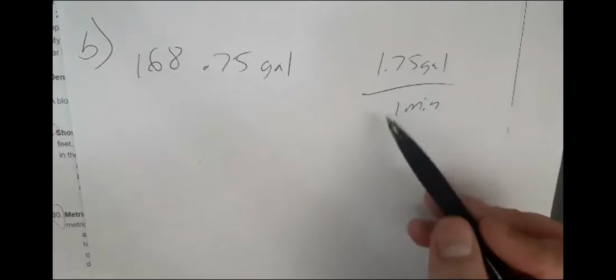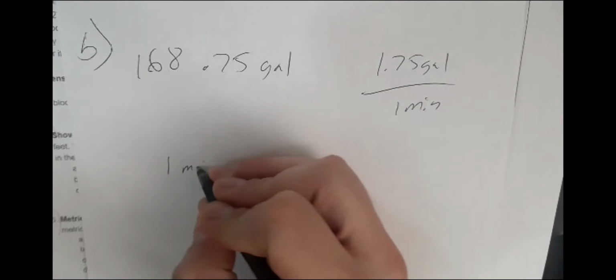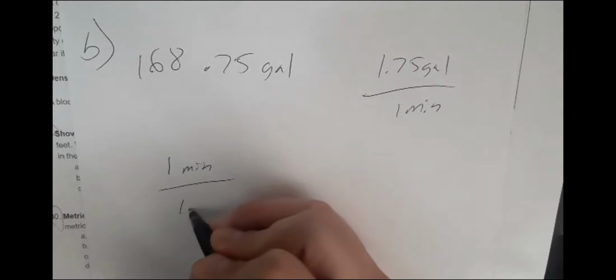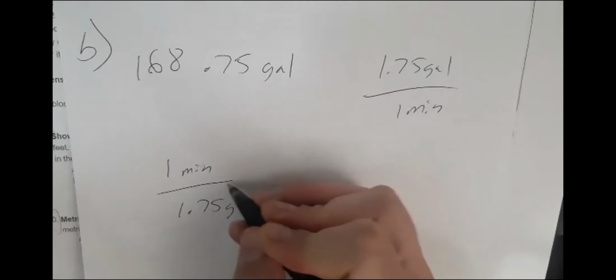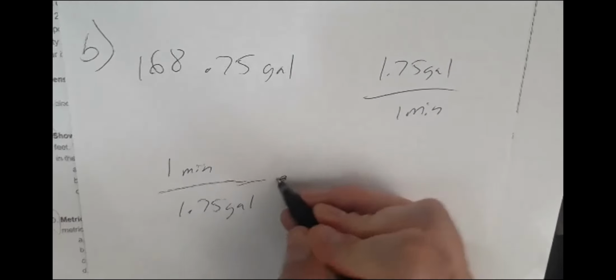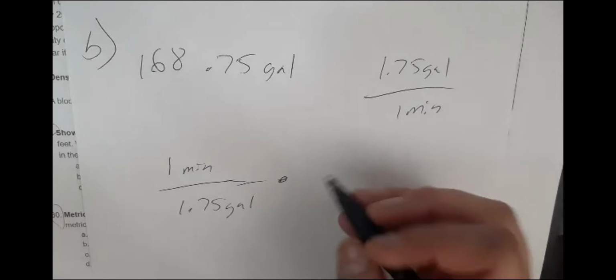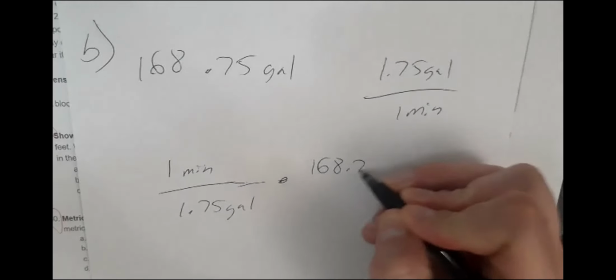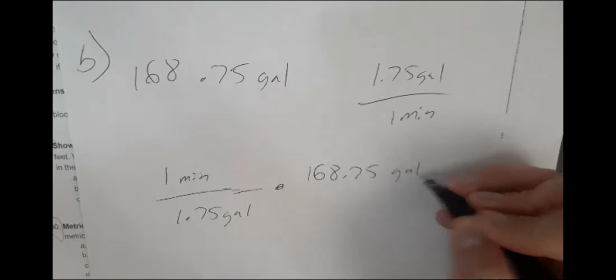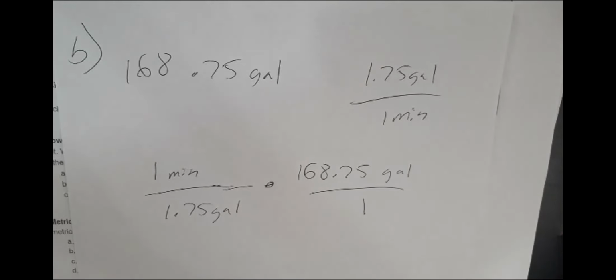So this is not set up at all in the correct order. If I want to end up with something in minutes, I should probably put 1 minute on top, over 1.75 gallons. And if I do that, now I want to simplify out gallons. This 168.75 gallons over 1. You can always put it over 1. And now if I do this, this should give me something in minutes.